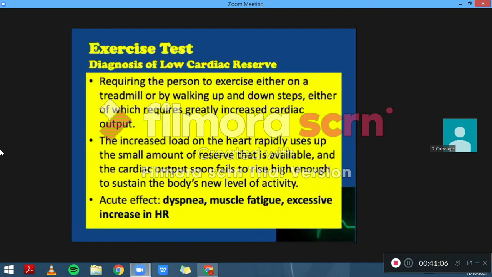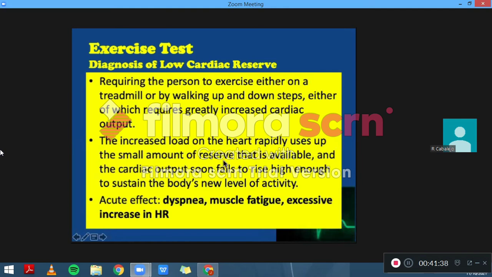So what is exercise testing? This is what we do to diagnose a low cardiac reserve secondary to a not totally obstructing coronary obstruction. This requires the person to exercise either on a treadmill or by walking up and down the steps, either of which modality would increase your cardiac output.